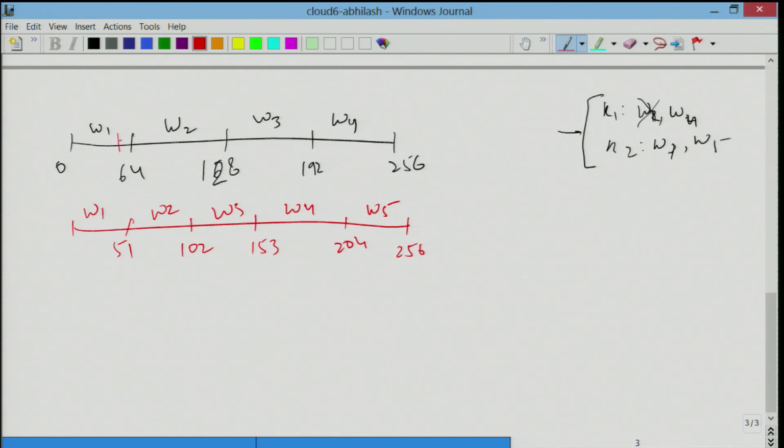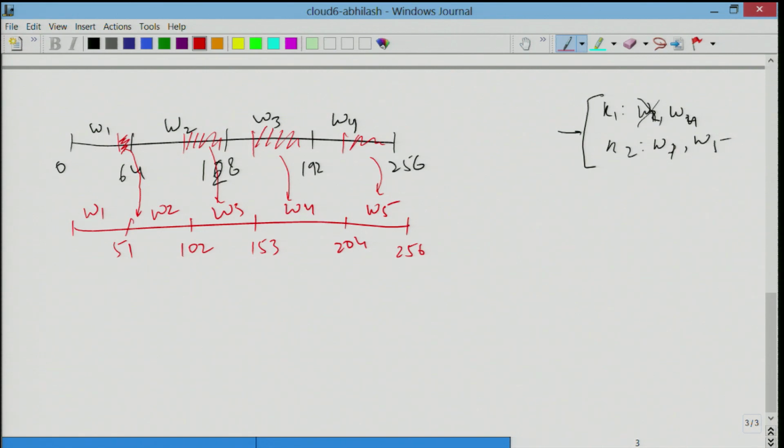So keys 51 to 64 will be sent over to W2 because W2 now owns them. 102 to 128 is sent to W3. 153 to 192 is sent to W4, and 204 to 256 goes to W5. Right.